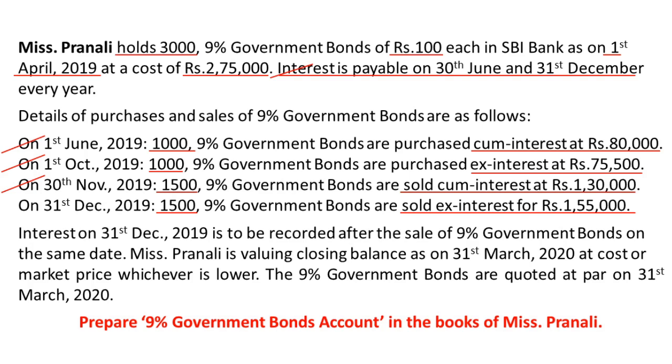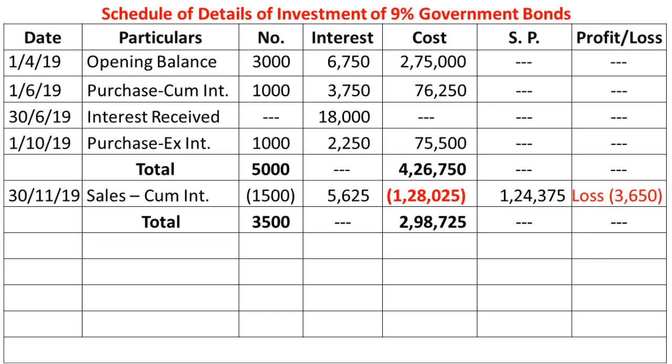Alright, so first of all we'll record this particular transaction in our schedule. So in the date column we'll put up the date first, 31st December 2019. It is the transaction of sales at ex interest price. The number of bonds sold, 1500.